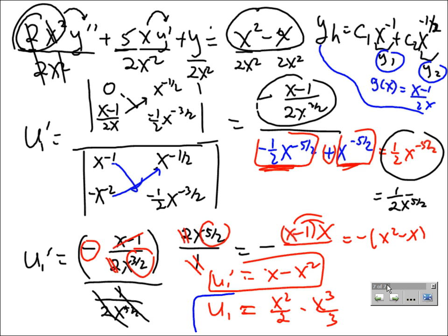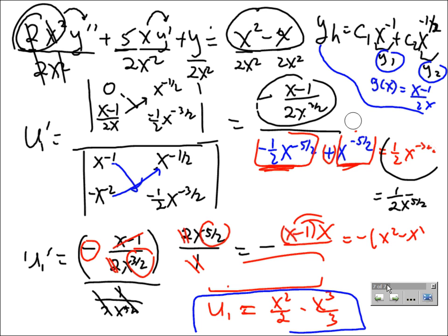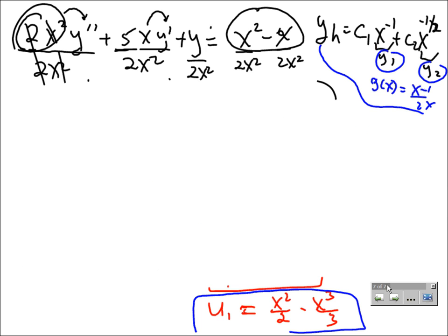Let's hope I don't go and erase it. Now let's go and redo this determinant stuff all over again. So we will find u sub 2, or u sub 2 prime. Well, the top one is going to be y1 and then its derivative.